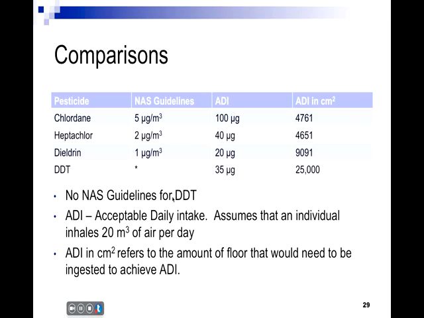I know this is a little bit odd of an approach, but the way to think of this is that for chlordane, for example, you would have to absorb all the material from 4,761 square meters of floor in order to approach the 100 micrograms that would be considered acceptable to get inside your body from breathing in 5 micrograms per cubic meter in air. And correspondingly, dieldrin 9,091 and DDT 25,000 square centimeters. The way to think of this is that you would need to be barefoot or licking the floor or something like that to get that much chemical inside your body.